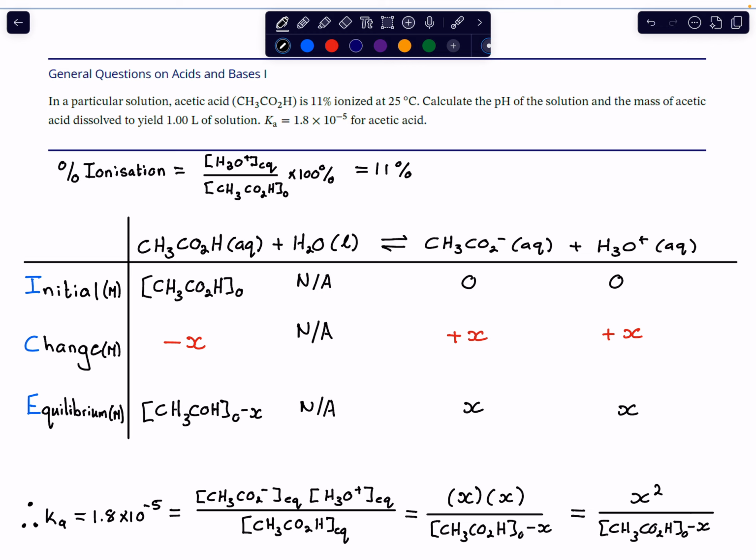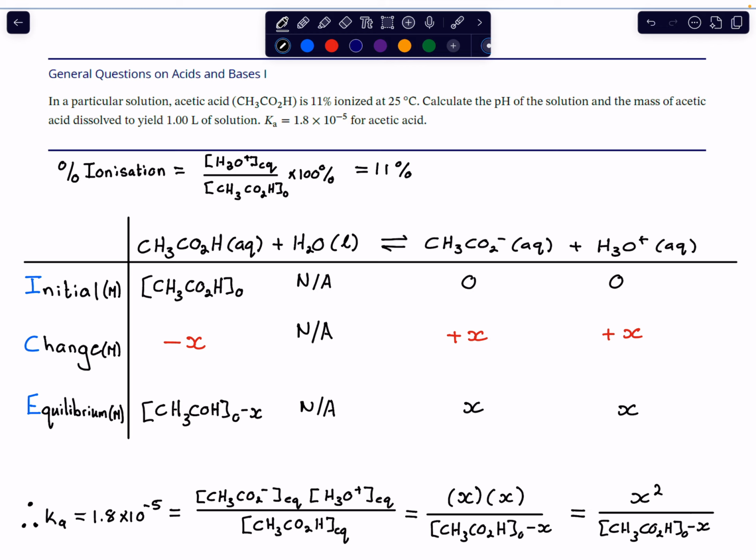The problem here is that typically we would have had the initial concentration. We would have said, let's do the approximation and solve for X, and then get the pH. But now the problem is we don't have the initial concentration, nor do we have the pH so that we can get the hydronium ion concentration.